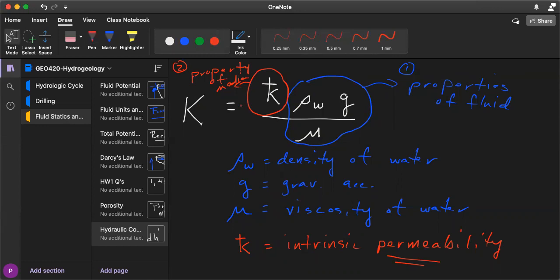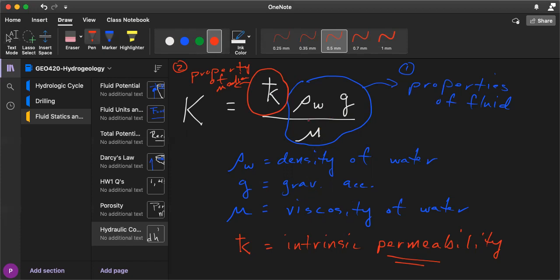So we can calculate oil conductivity quite easily, all right? And it is just using the intrinsic permeability, and then here we would substitute density of water and viscosity of water for the density and viscosity of oil. All right, so hydraulic conductivity.